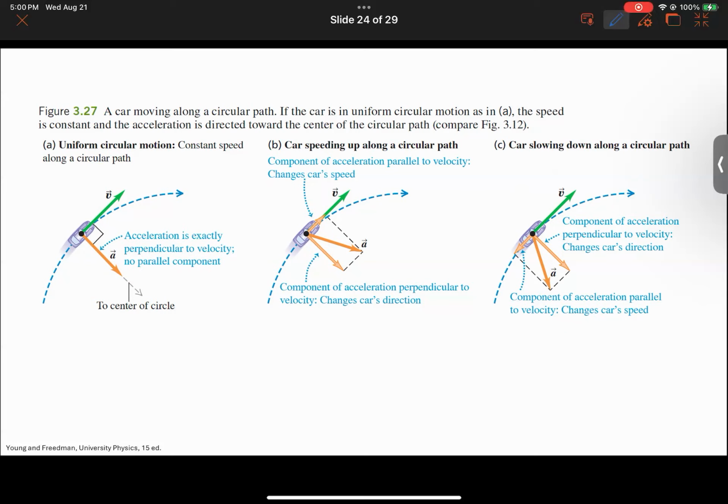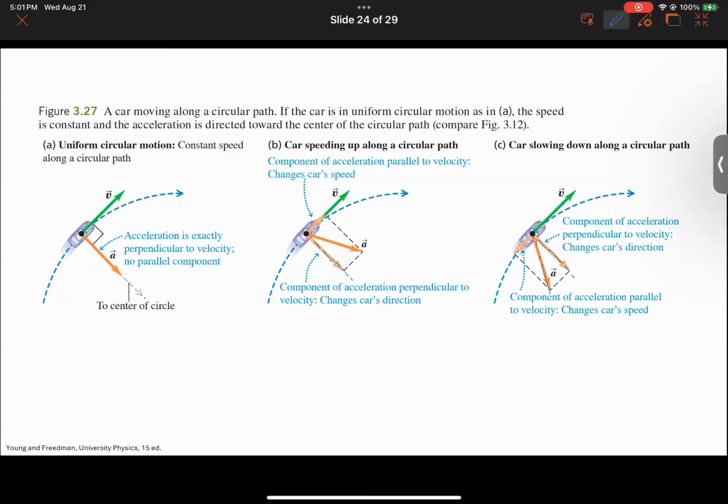Tulad dun sa diniscuss natin kanina, if constant yung velocity nung object, yung acceleration ng object na yun points towards the radial axis or towards the center of the circle. Pero if the car is speeding up, then ahead of the radial line yung acceleration niya. And if the car is slowing down, then yung acceleration niya is behind the normal line.